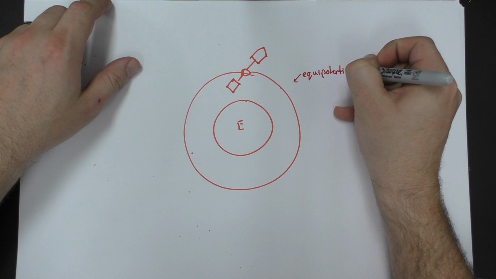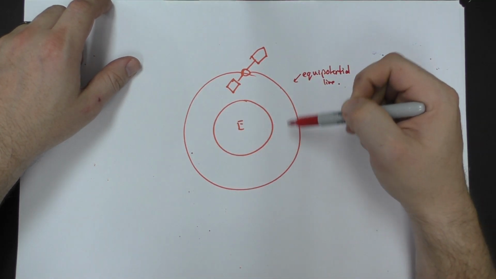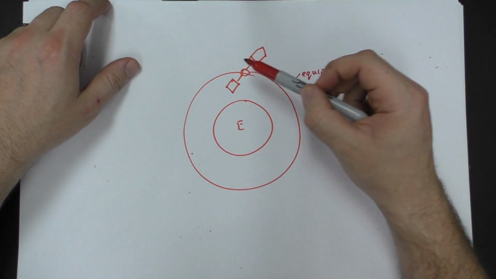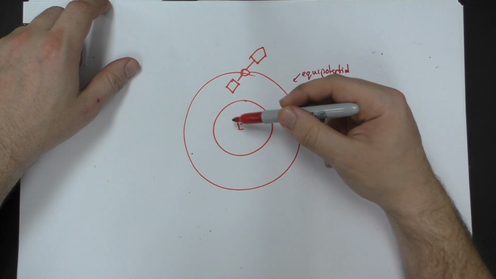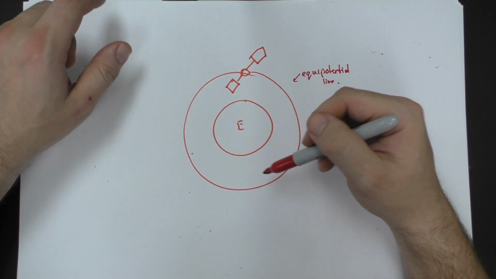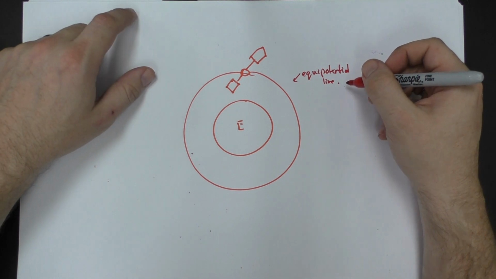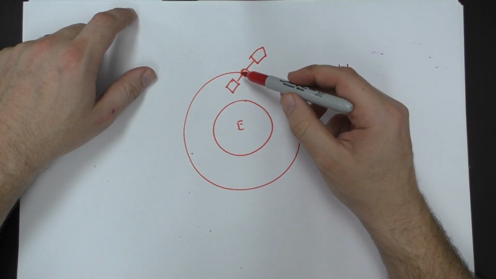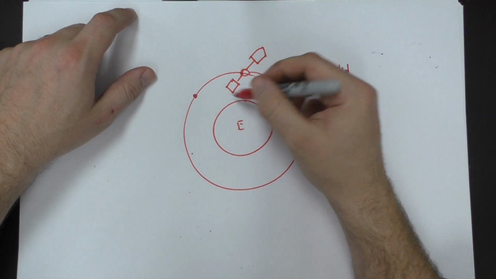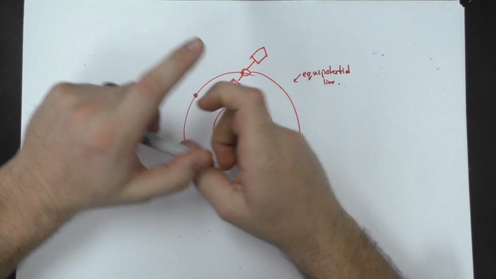Now, obviously, you'll remember equipotential lines are lines that indicate where the potential is constant at a specific distance from the center of the body that's creating that gravitational radial field. So it has constant potential on those points. So there's no work done in moving this from here to here, let's say, because they have the same potential in terms of the gravitational field.